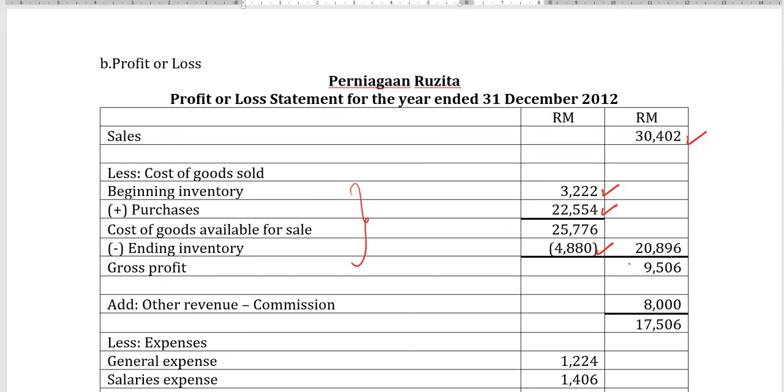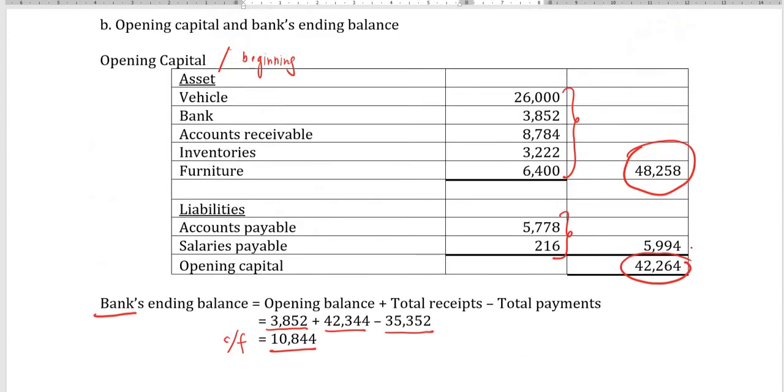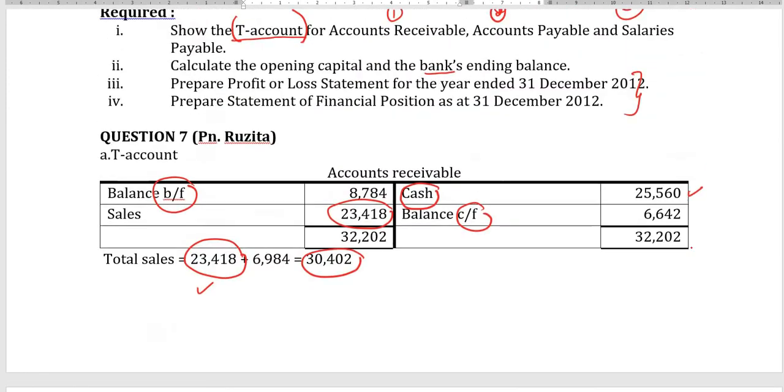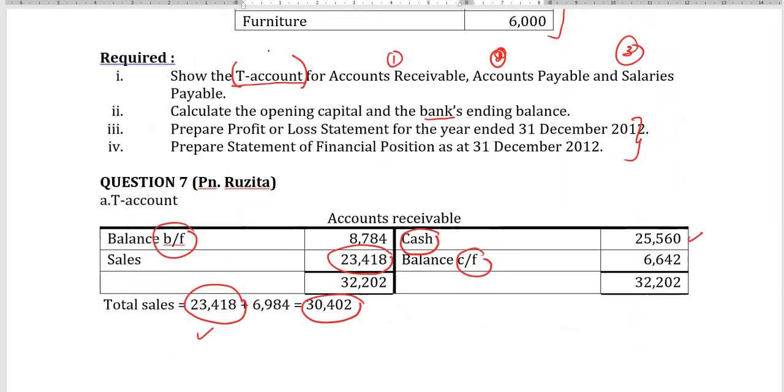So tak ada apa-apa tolak dekat sini. You'll get your gross profit. Okay, gross profit tambah revenue. So where do I get that 8,000 from? I got it from my cash book. Okay, this is commission. Sebelah debit, that means kita terima duit. Alright, that is your revenue actually.